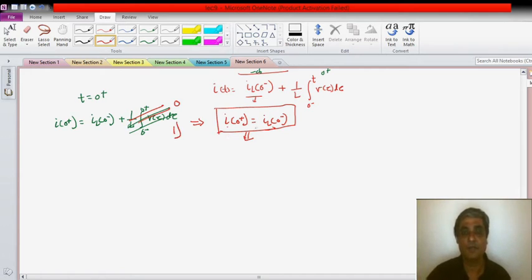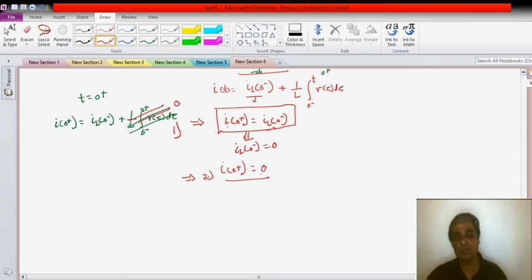Now again, suppose initially my inductor is relaxed. If it is relaxed, then IL of 0 negative is 0. So what will be the thing? I of 0 positive, that is the current through the inductor after switching, is equal to 0, right?